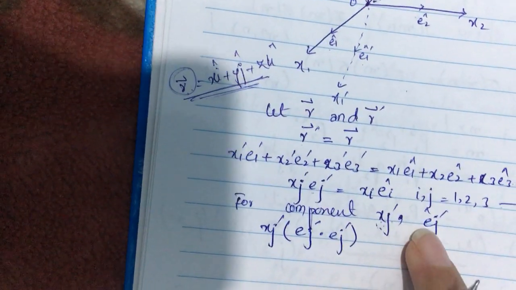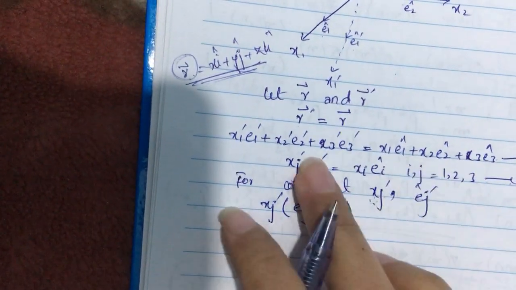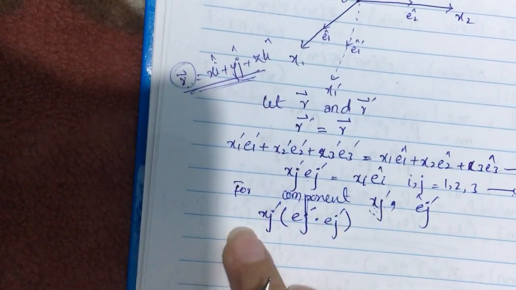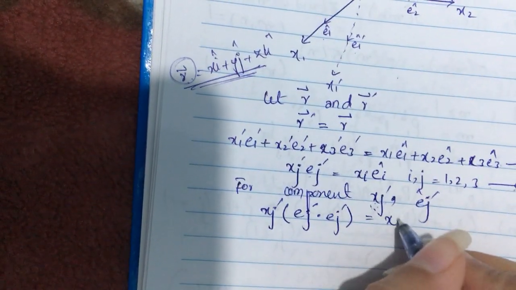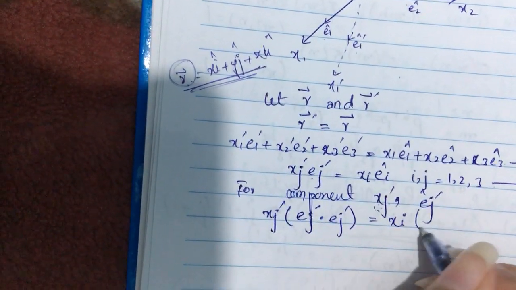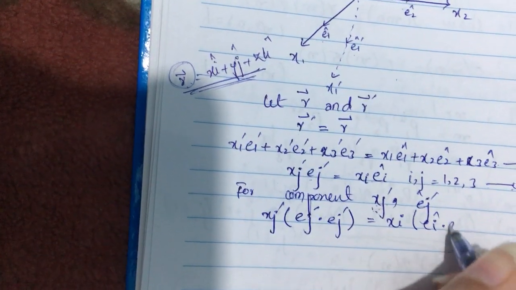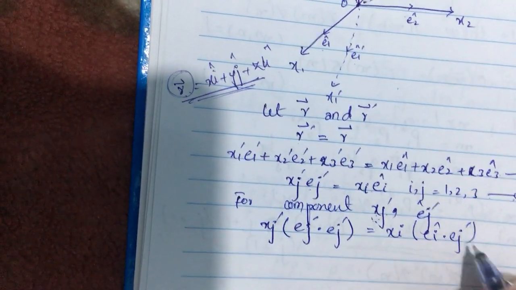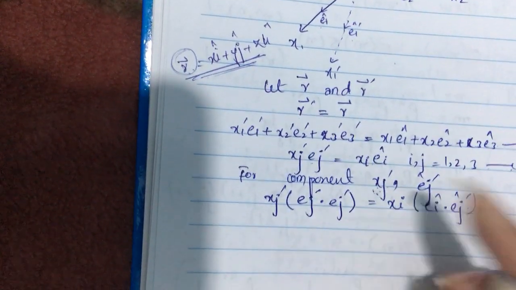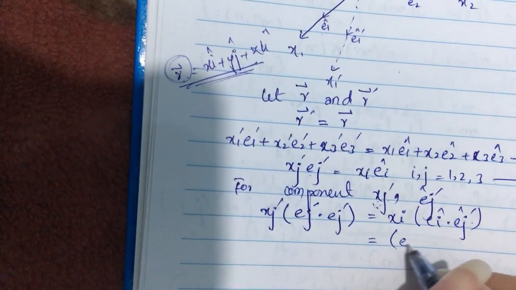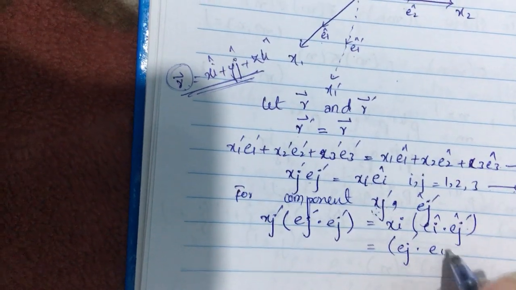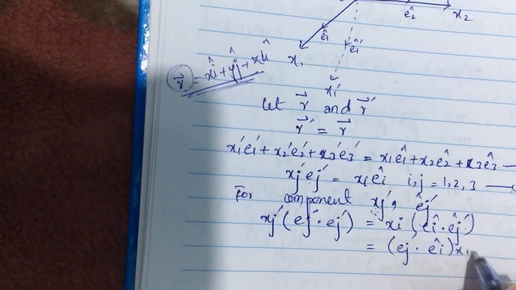So I'm taking the dot product of ej dash with equation 1. So I have xj dash ej dash dot ej dash equals xi ei dot ej dash. So in the next step I can write this term as ej dash dot ei times xi.